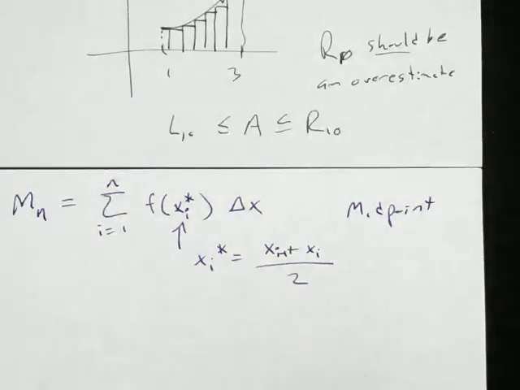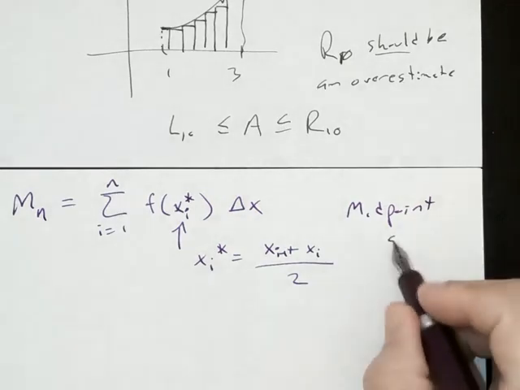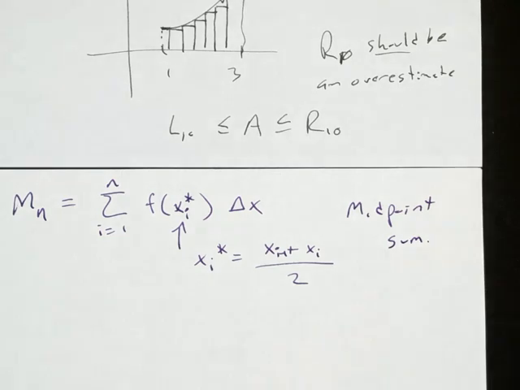So if we did m10, we'd use 1.1 and 1.3 and 1.5 and so on. But that's another sum, right? I'd have to do a whole other set of calculations. If I already have a left and a right, and one's under and one's over, I might be able to average those.